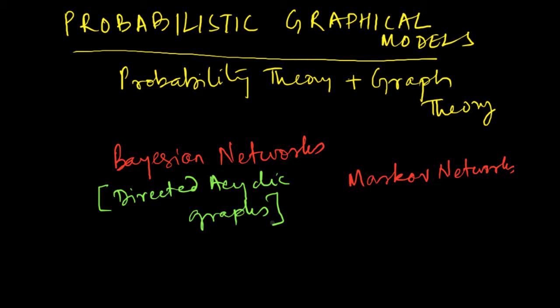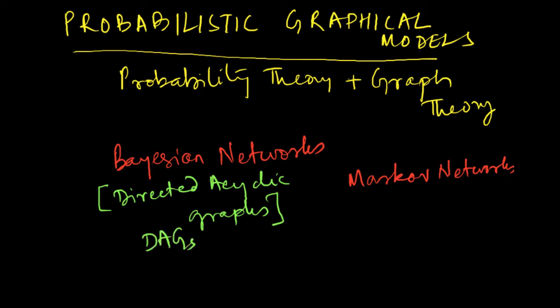So that is an example of a directed acyclic graph where you have a particular direction of motion in the graph or in the tree. And this term acyclic means that it does not form a cycle in any part of the graph. So there is no subgraph in your graph which forms a cycle. That is what Bayesian networks are, and they are directed acyclic graphs, or what are also called DAGs.